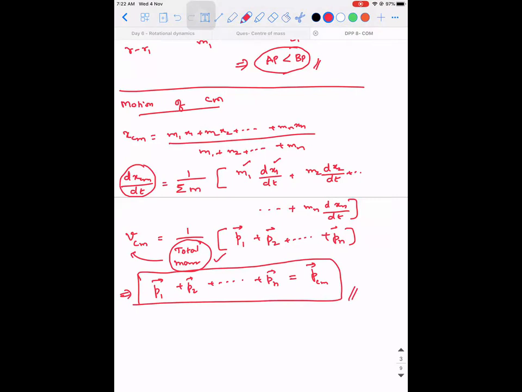So when there is a question stating find the linear momentum of the center of mass, this is how we approach. Clear? Yes, sir.